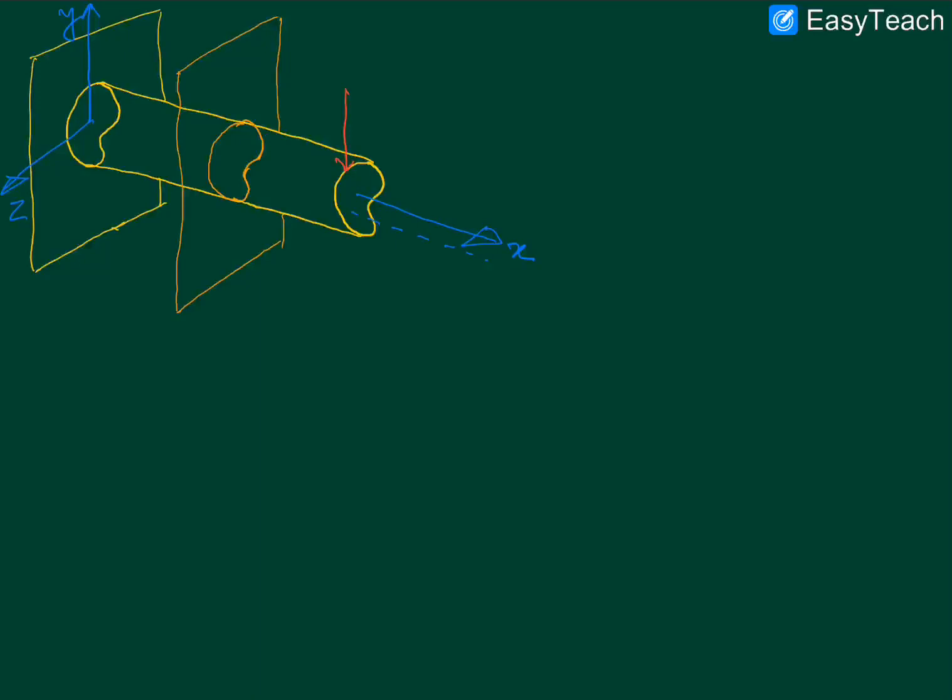Now, if we remove this cut section from there and draw it separately, so what I mean is I draw it separately here.